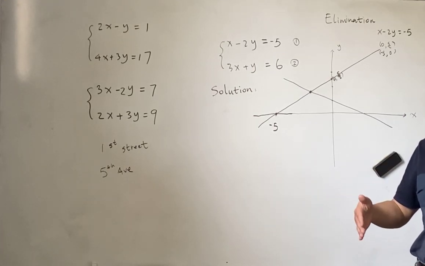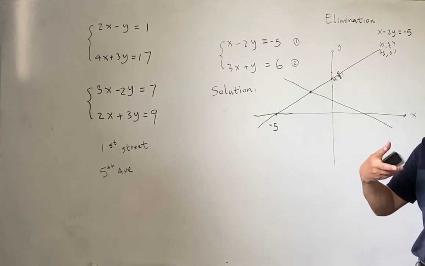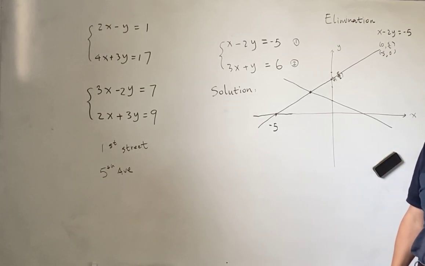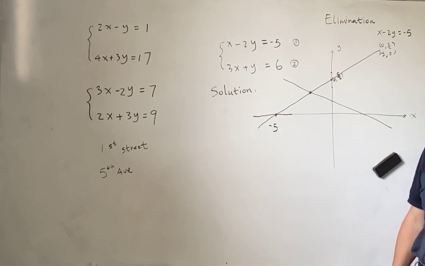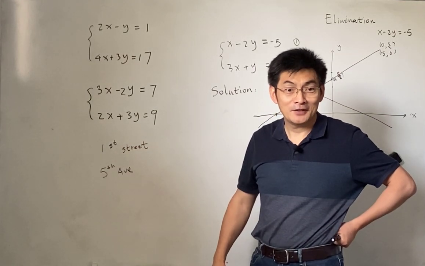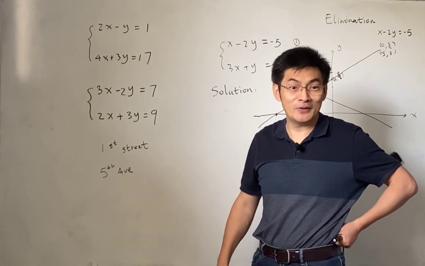Can you think of a situation where two streets are provided, but you still don't have an intersection? Yeah. How? They're parallel. Yes. So if I give you the first street and the third street, you still don't know where to meet, right?